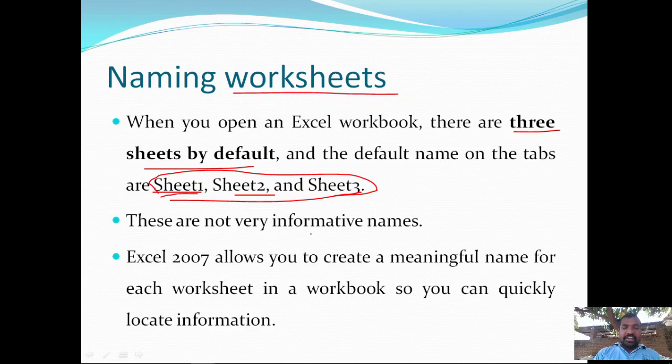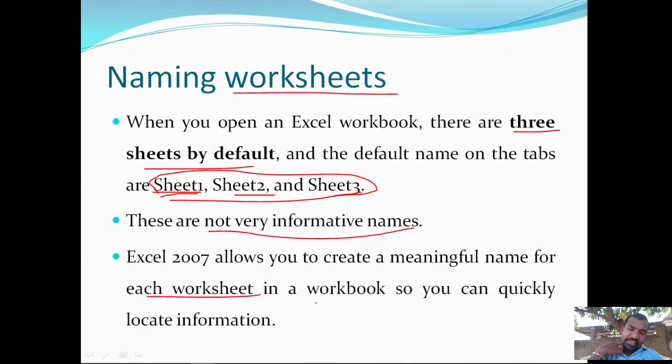So these are not very informative names. Informative naming means having some meaningful names, like result analysis, work done in January as a separate sheet, February as a separate sheet, and so on. Excel 2007 allows you to create a meaningful name for each worksheet in a workbook.